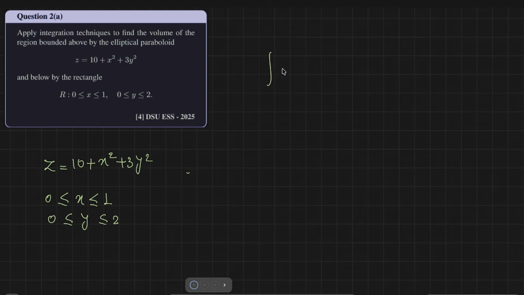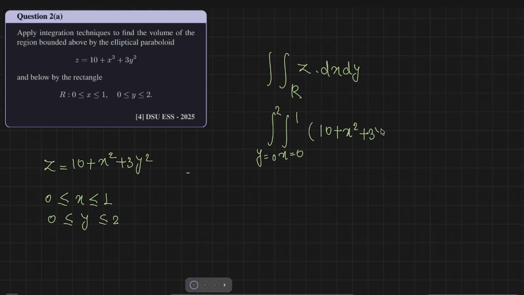So x is from 0 to 1, y is from 0 to 2, and z is given as 10 plus x plus 3y square, dx dy.